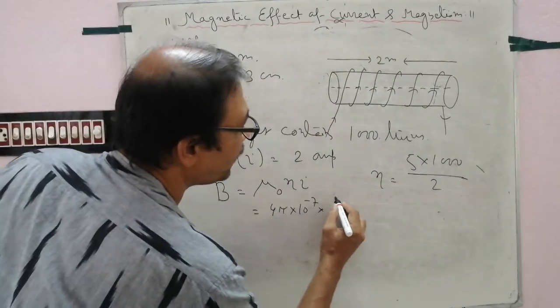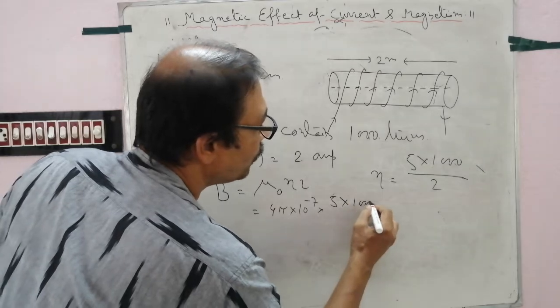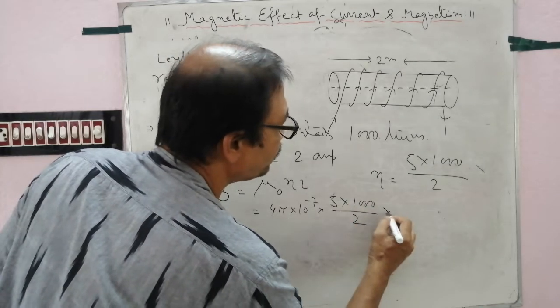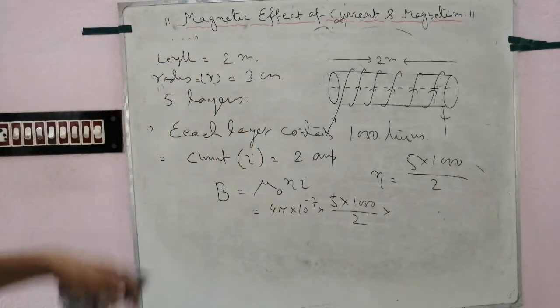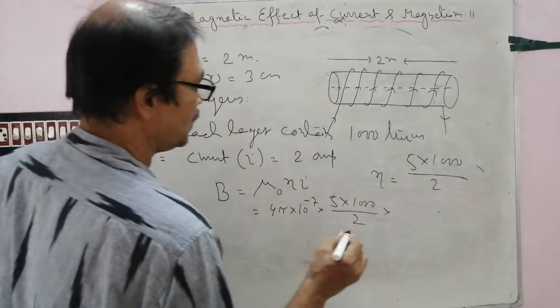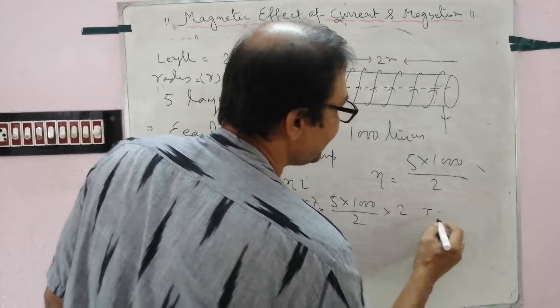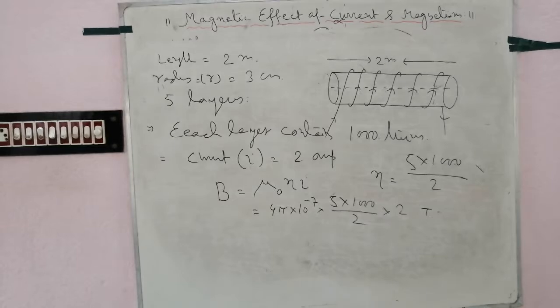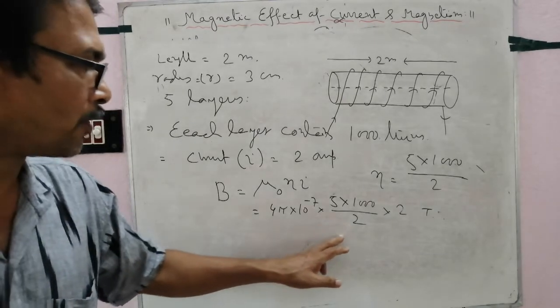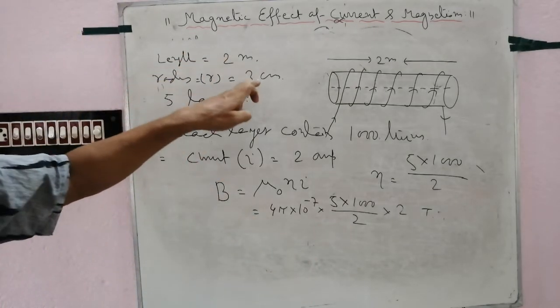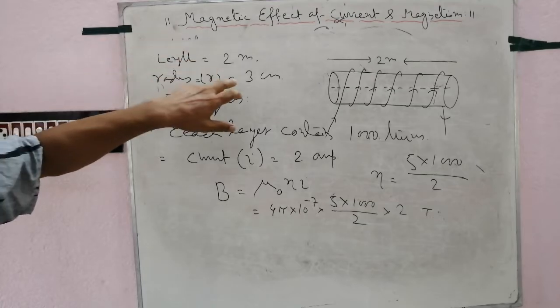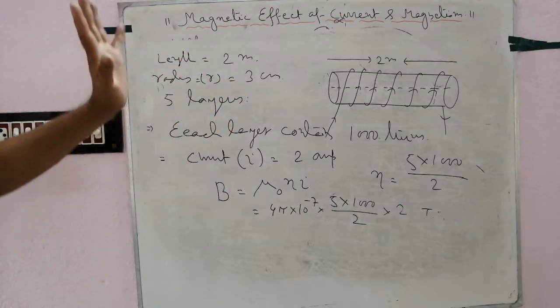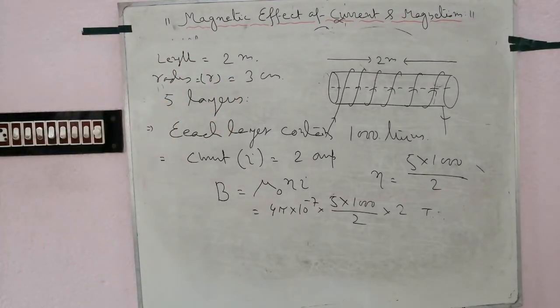Number of turns per unit length is 5 into 1000 by 2, into I equals 2 ampere, that is in Tesla. This is the magnetic field. Clear? No need of the radius, no need of this data. Clear? This is another problem. Note it.